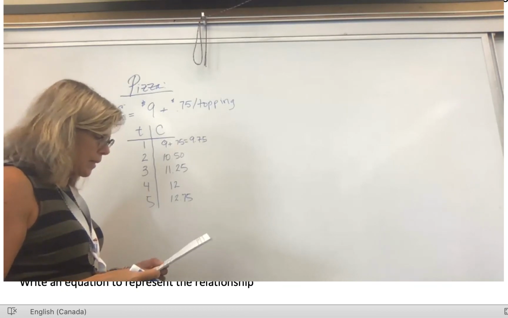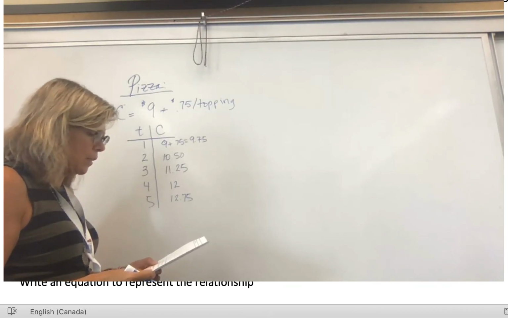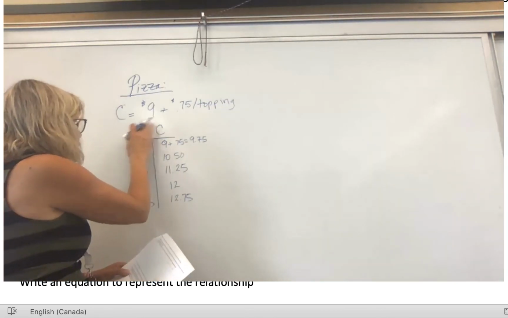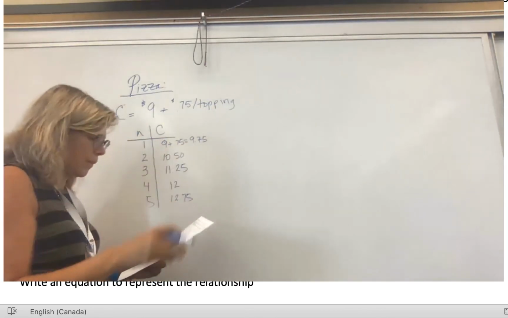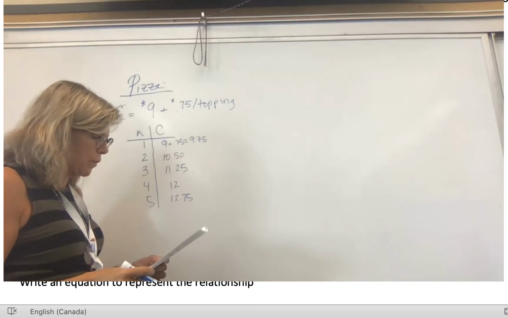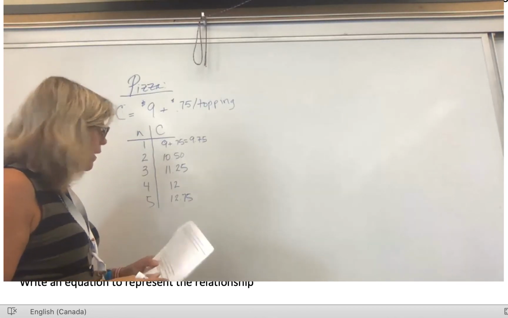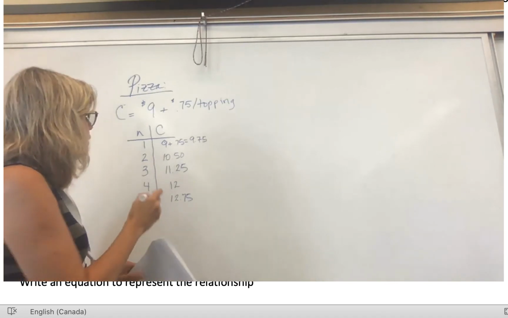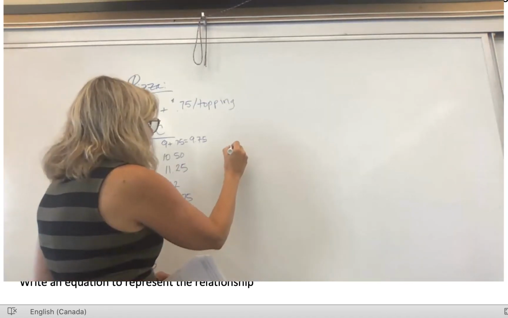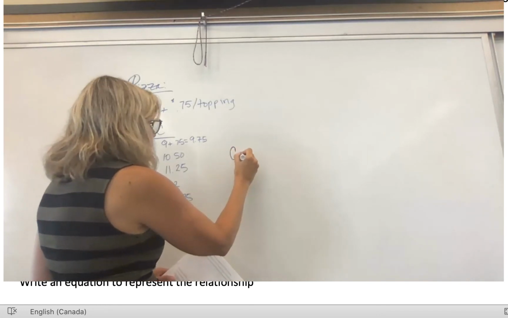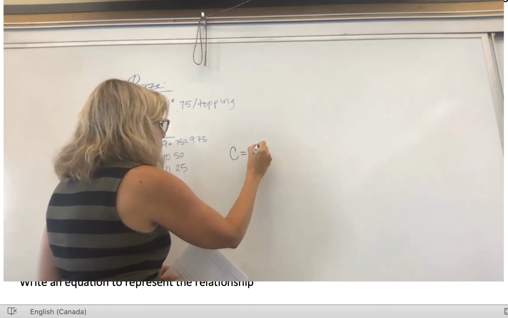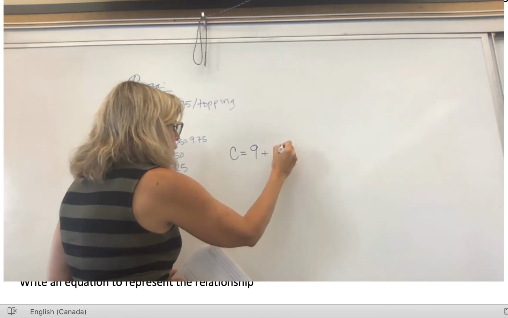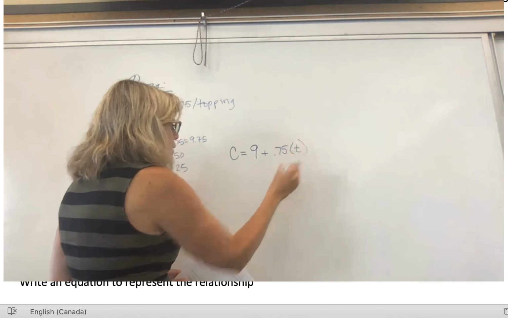So then it says, write an equation that relates the cost in C dollars to the number of toppings, N. Oh, she calls this N. Verify your equation by substituting values of n from the table. Okay. So the cost of the pizza based on the number of toppings is 9 plus 0.75 times toppings, t.